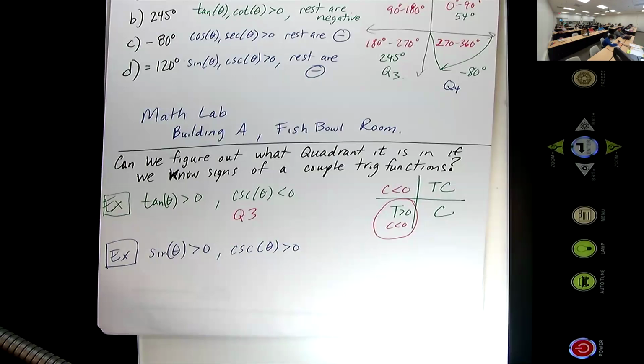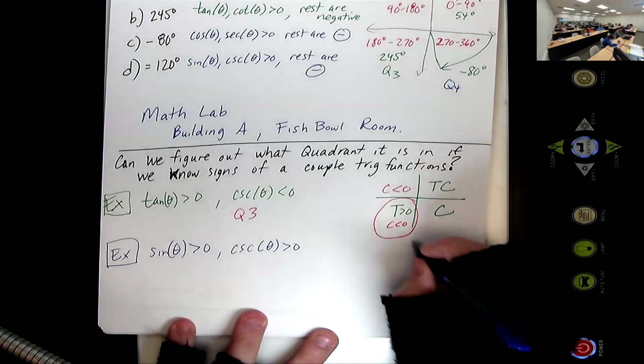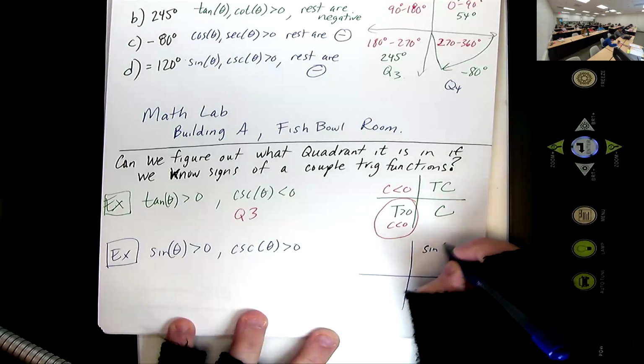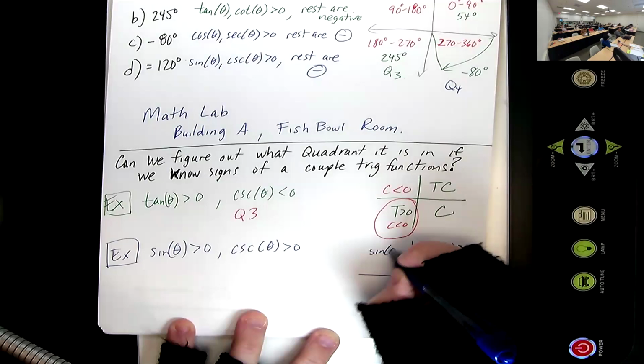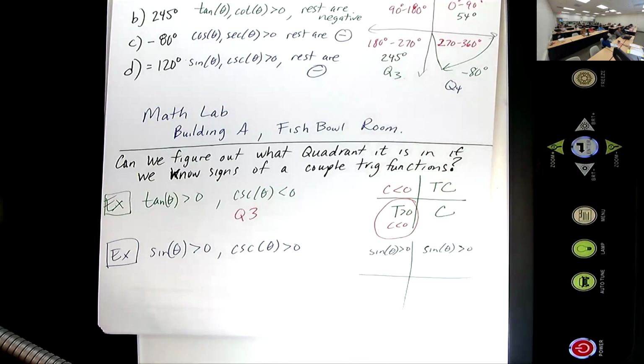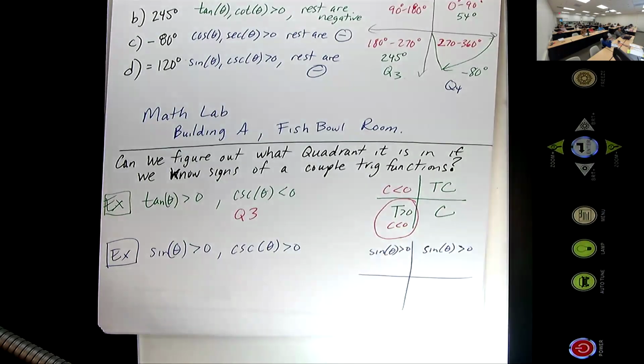So sine theta is, let's take a look at it. Sine theta, we know is positive here, and we know it's positive here. What about cosecant theta? Where is it positive? It's positive in 1 and 2.